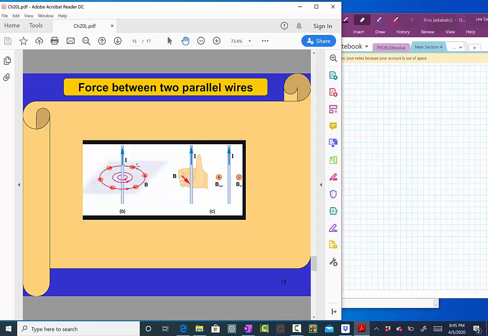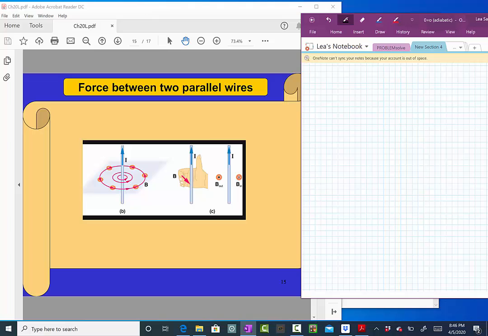Then this magnetic field goes behind the wire to the left, and on the left side of the wire we see that the field is coming out. So this is what this drawing is telling us. Let me repeat here. We have current going up. This current creates a magnetic field around it.